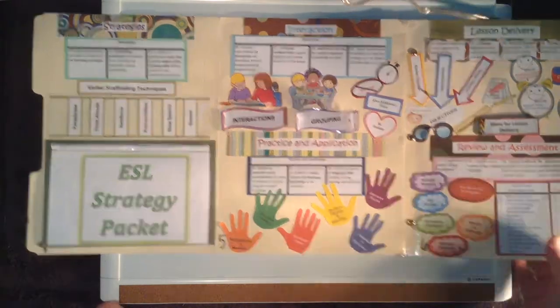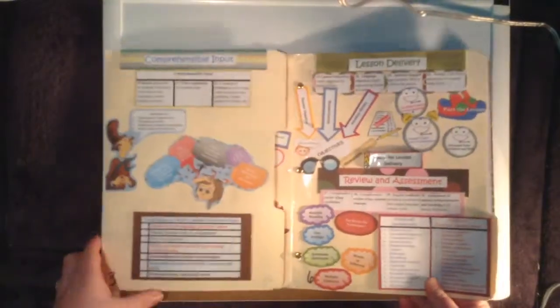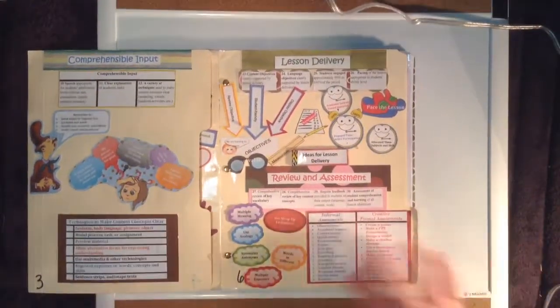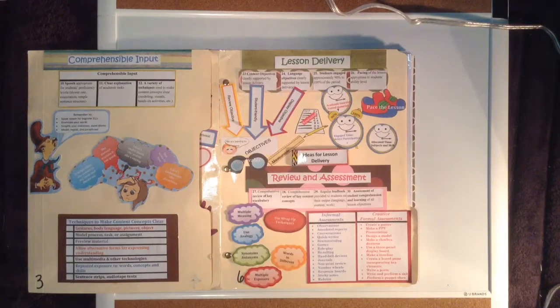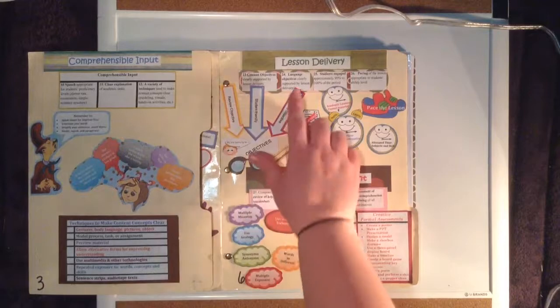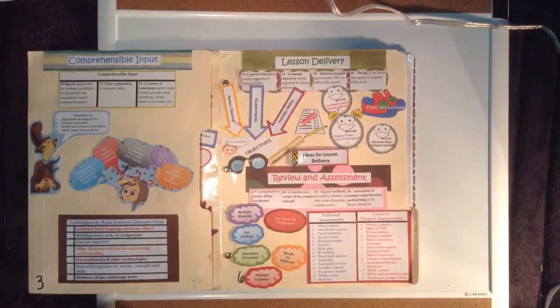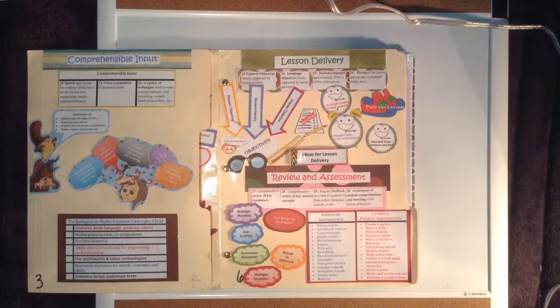On page 6, you'll notice lesson delivery. So, under lesson delivery, your content objectives are clearly supported by the lesson delivery. Your language objectives are clearly supported by your lesson delivery. Students are engaged approximately 90 to 100% of the period. The pacing of the lesson is appropriate to students' ability levels.